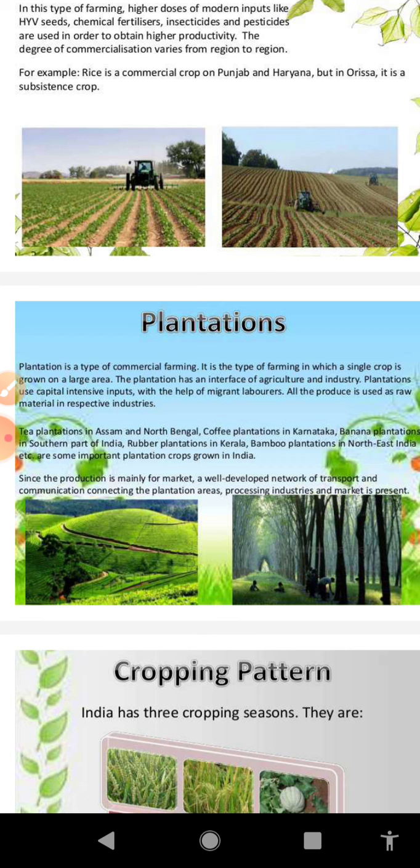So if you want to count some of the characteristics of commercial type of farming, the first one is that the land holding is very large. It is done on a large scale, and most of the farm activities are carried out with the help of modern machinery.